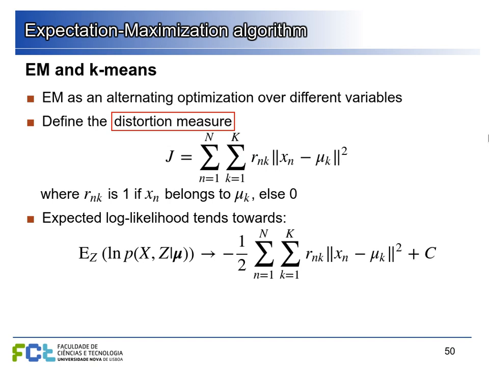So this is what we can imagine doing in k-means, where we can think of this distortion measure, which would be the quadratic distance between points inside the same cluster. So this is a variable that tells us if the points belong to that cluster or not. And now we measure the distance between each point and the centroid of the cluster. So this way we have a notion of how dispersed the points are around the centroid.